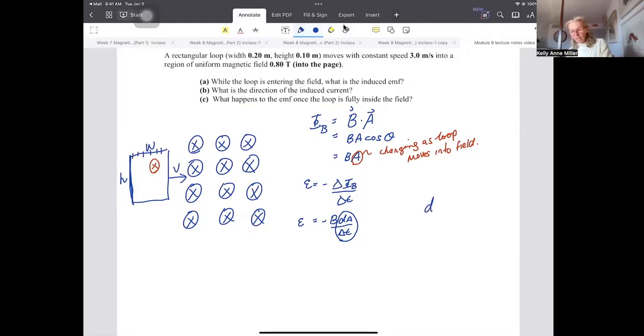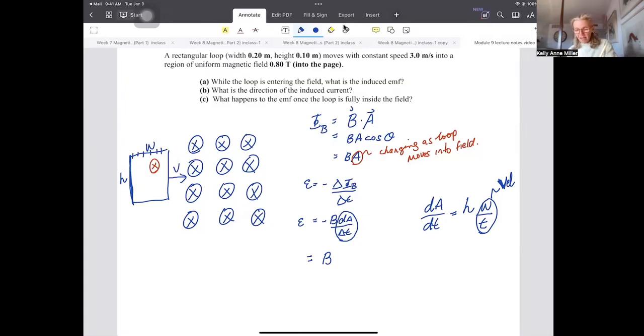So I can express dA/dt as just the height times the width divided by time, right? Because it's sort of like how much of the width is getting dragged into the field as a function of time. And w over t is the same as the velocity, right? A displacement over time is just a velocity.